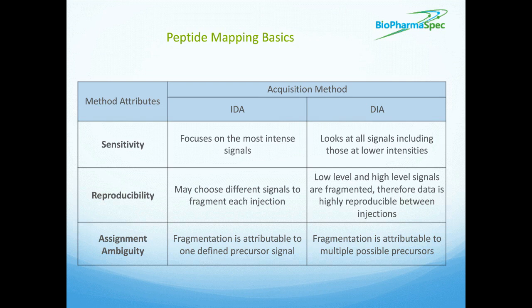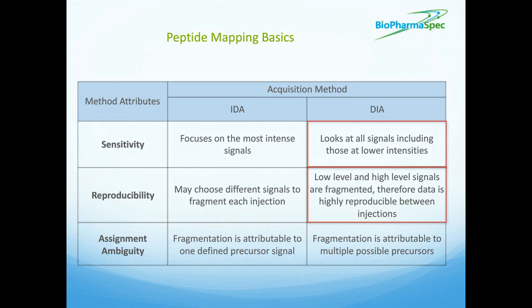If we're looking at sensitivity, the data-independent method is more sensitive because it's not just looking at the most intense signals, it's looking at all of them. For reproducibility, again, the data-independent method is more reproducible than the data-dependent method. For data-dependent methods, the signal that's chosen for fragmentation may change from time to time, while if you're fragmenting everything, you'll get roughly the same spectra each time.